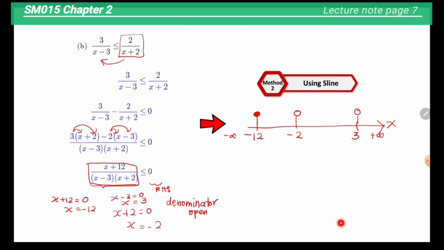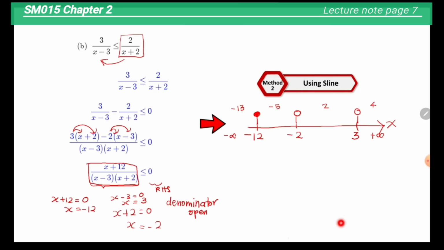Next, you need to choose any number which is suitable in each interval. For the interval negative infinity up until -12, I want to choose -13. For -12 up until -2, let's say I want to choose -5. For -2 up until 3, I want to choose 2. And for 3 up until positive infinity, let's say I want to choose 4.